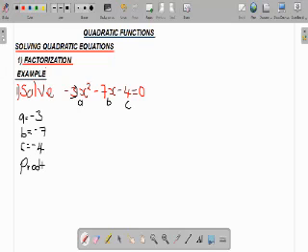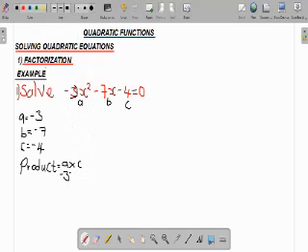We find the product by multiplying the coefficient of a by the coefficient of c.